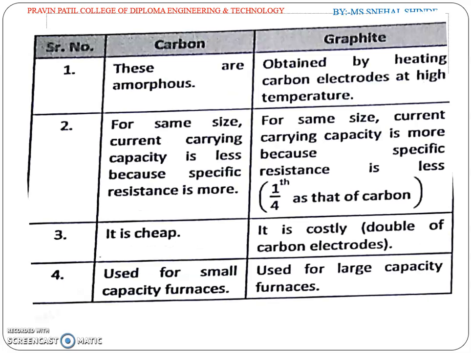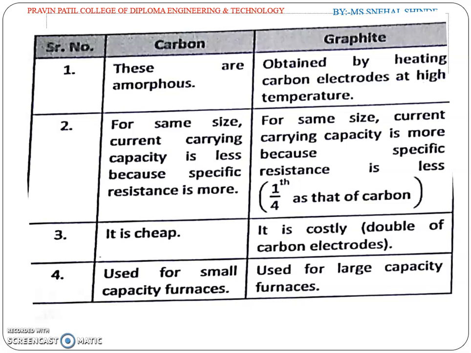Now let us see the comparison between carbon and graphite electrodes. The first point is that carbon is amorphous, while graphite is obtained by heating carbon electrodes at high temperature.